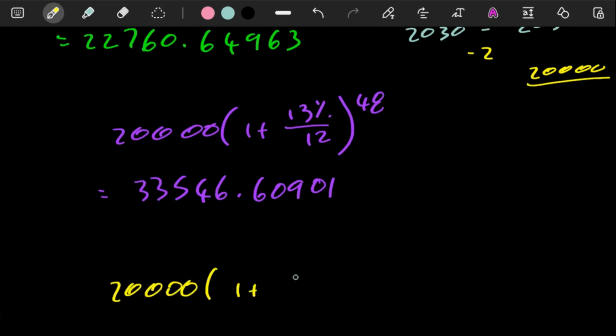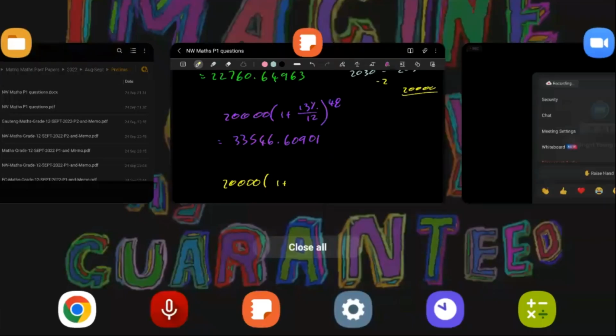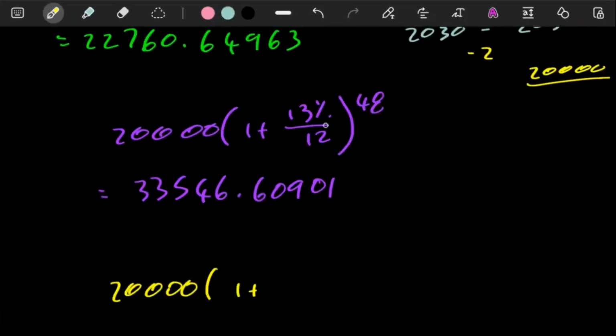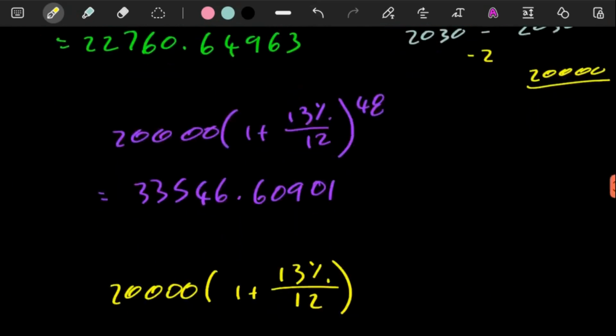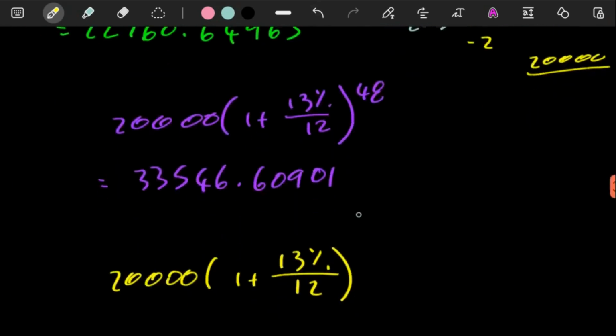Now the third amount that is forfeited is 20,000 times (1 plus 13% over 12). For the last payment, the number of months that were forfeited is basically 2 times 12, which is 24 months.